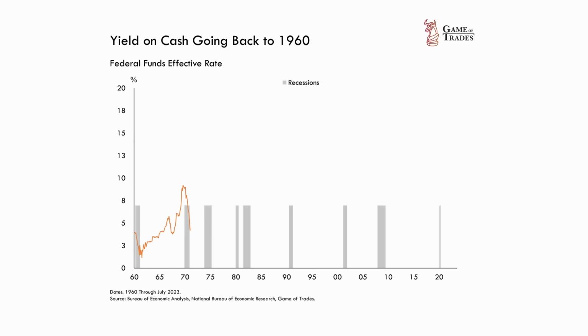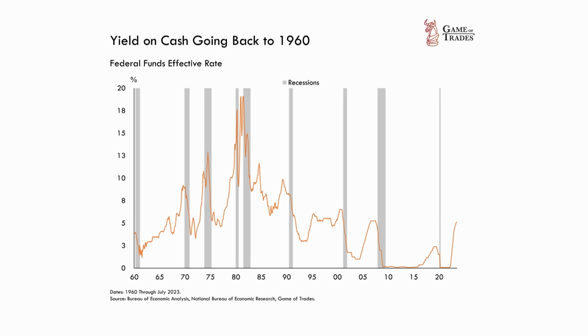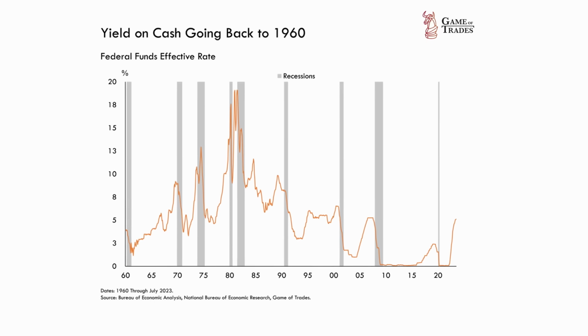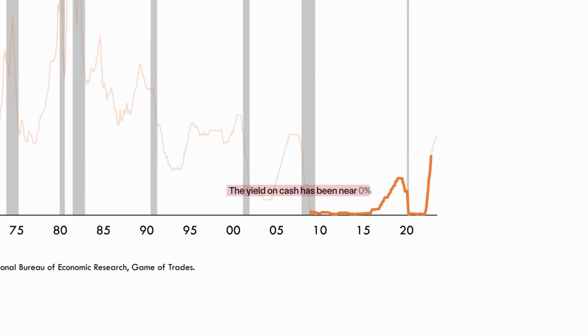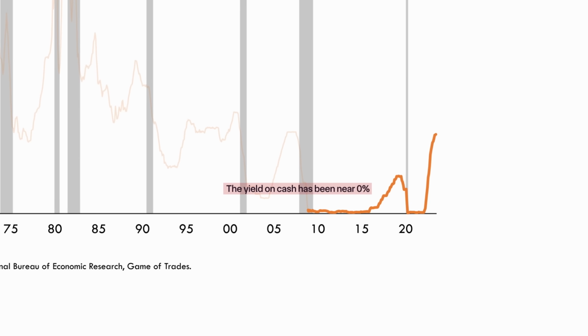Now that is where knowing the cash yield is important, because over the last 10-15 years, the Fed funds rate has been near 0%. The Federal Reserve has kept short-term interest rates near zero since the global financial crisis. Now, these short-term rates are actually the yield that you get for holding cash, and the Fed sets that yield at each Fed meeting. And since 2009, the interest that you got for holding cash was basically zero.